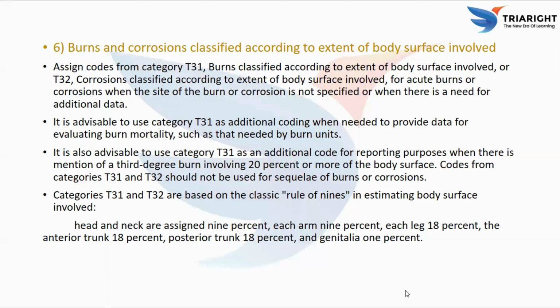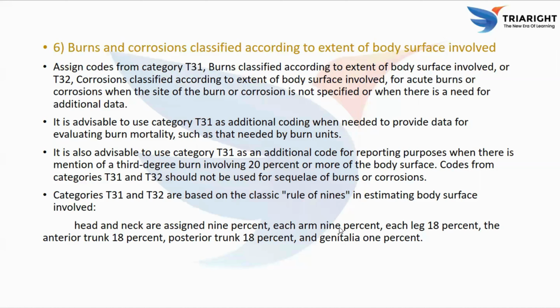There is a rule of nines basis for the T31 to T32 category codes. ICD-10-CM uses the classic rule of nines to estimate burnt body surface area in adults. The head and neck are assigned 9% of body surface. Each arm is assigned 9%.